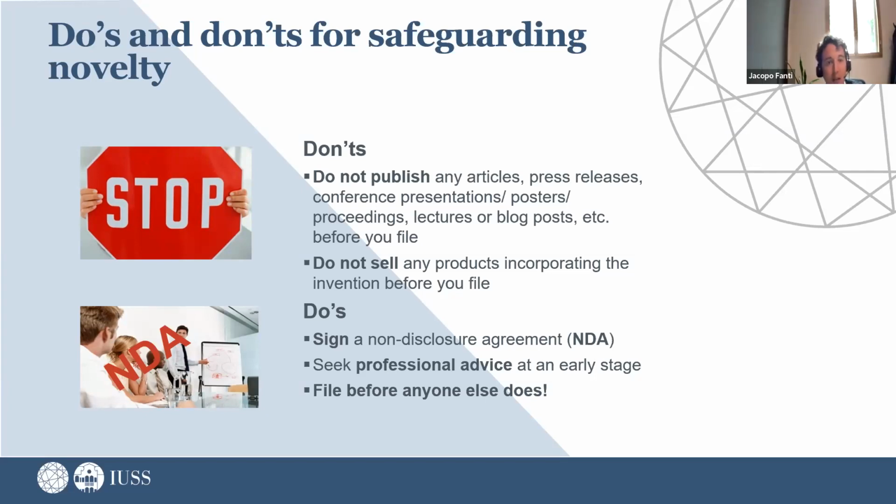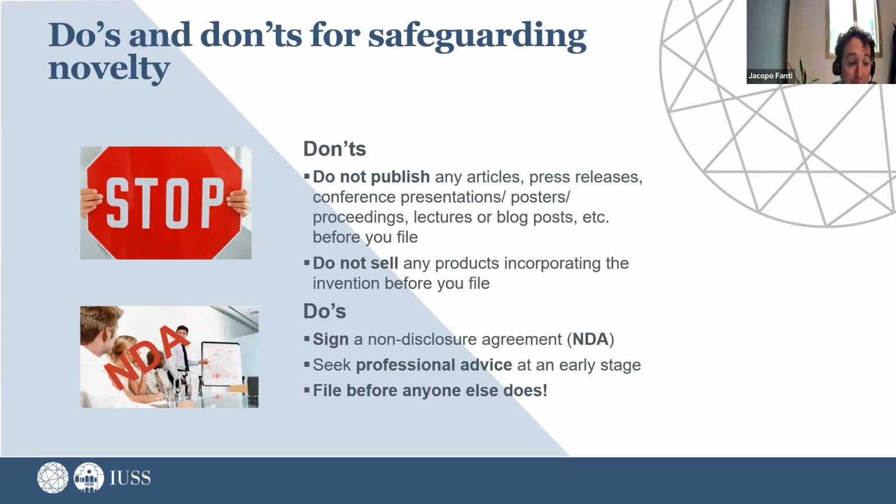And in general, if you are interested in protecting your invention in order to start with the technology transfer activity or the license, for example, you could be interested in licensing this invention of yours, seek professional advice, ask your KTO, TTO, tech transfer office, and so on.